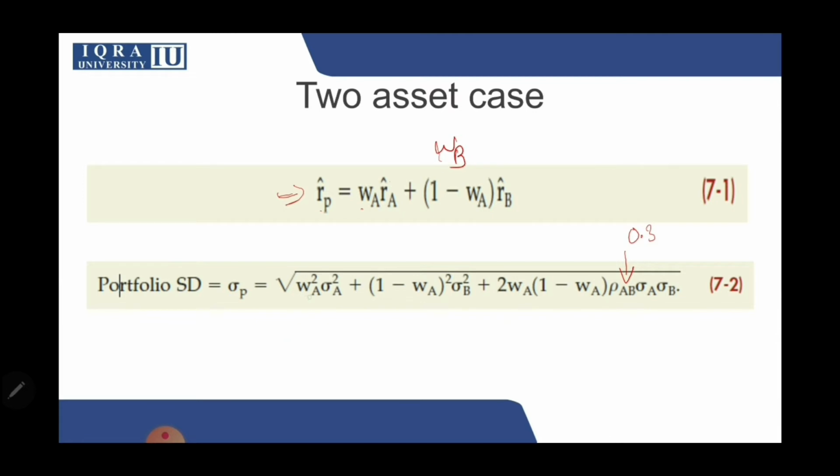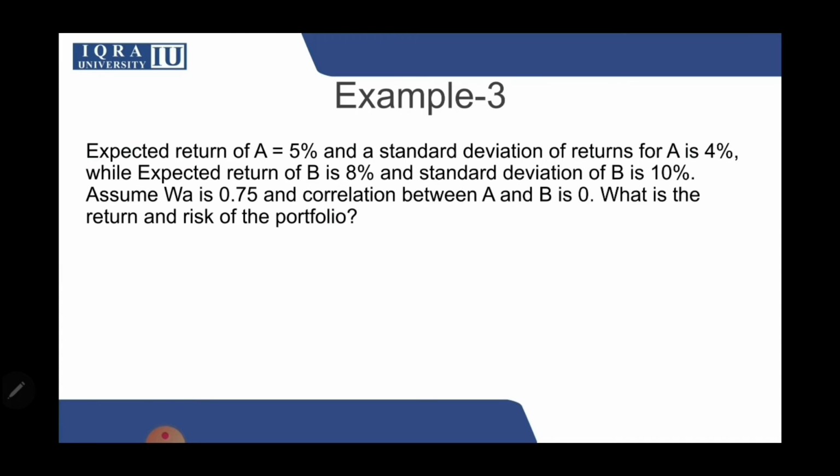So this is the formula where again WA is the weight of stock A, and the standard deviation of stock A, basically this is a variance because you can see there is a square over here. So the variance of stock A, then you have WB, then you have the variance of stock B, then 2 WA, WB, and the correlation between stock A and B, and then the standard deviation of A and the standard deviation of B. So let's look at an example of how we can use this formula.